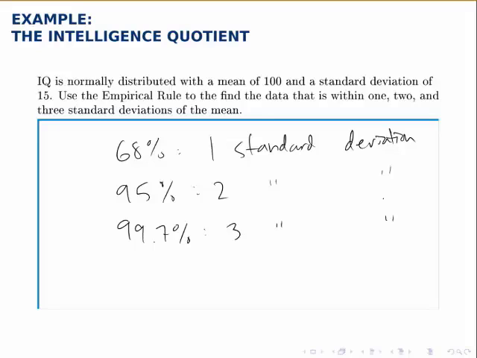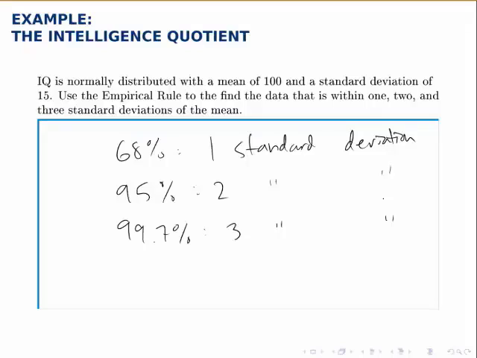So if we work from the mean down 3 standard deviations and up 3 standard deviations, that will encompass almost all the data. In this case, with a mean of 100 and a standard deviation of 15, 1 standard deviation below will be 85, and 1 standard deviation above will be 115. 100 minus 15, 100 plus 15.